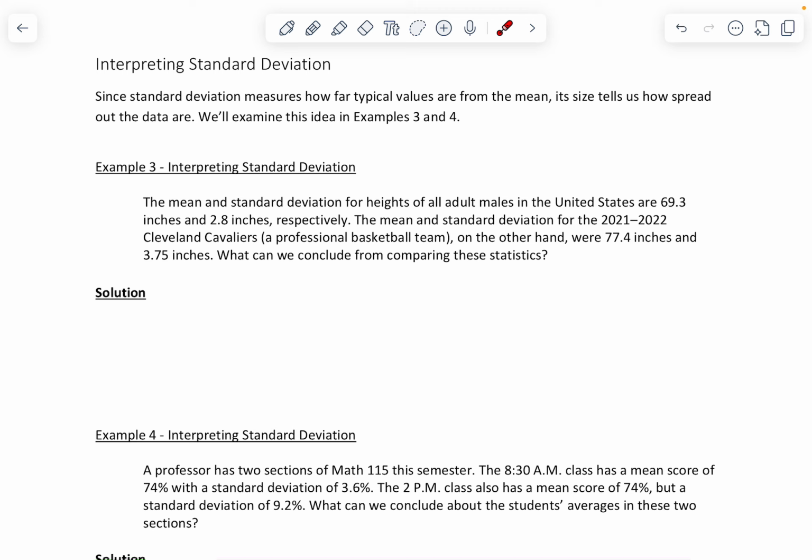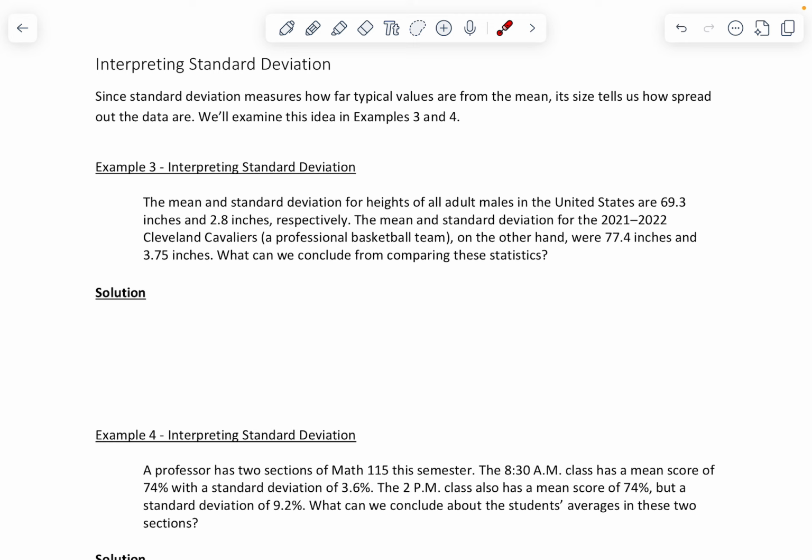Basketball players tend to be, on average, taller than most other people. And second, the heights are spread out a bit more than the population in general, which we can see by the difference in the standard deviations, right? For the basketball team, the standard deviation was 3.75 inches. For adult males in general, 2.8 inches, right?